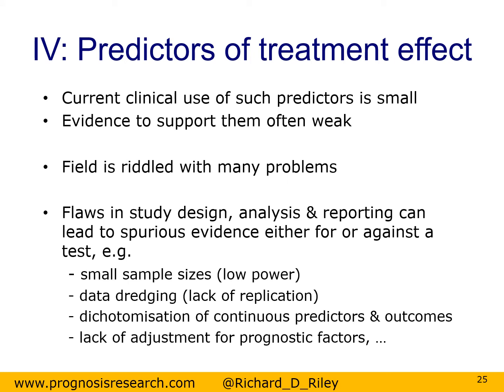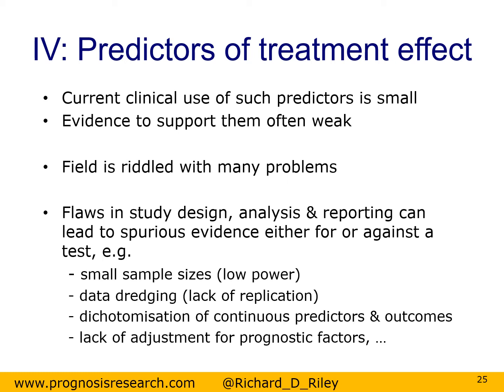But as for the other three types of prognosis research, there are flaws in this area, and it's sad to say, but it's true. And actually, we worry that the evidence to support many predictors of treatment effects is quite weak. The field is riddled with problems such as poor study design, poor analysis methods, and incomplete reporting.